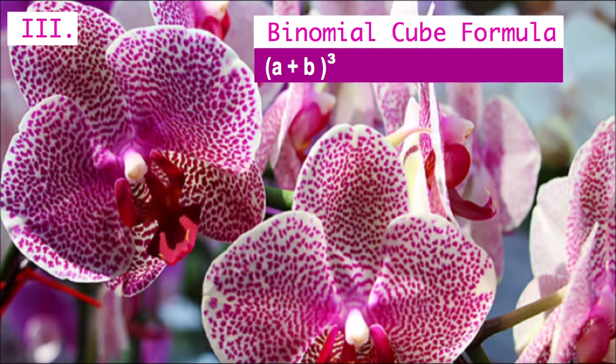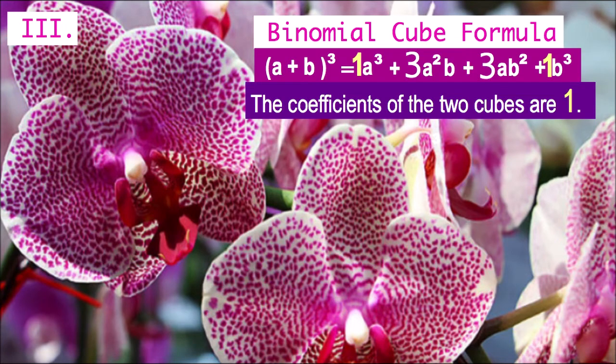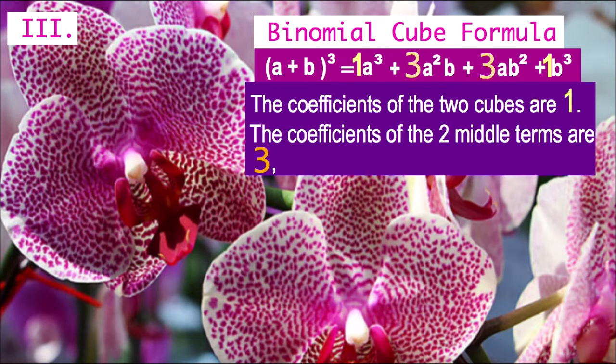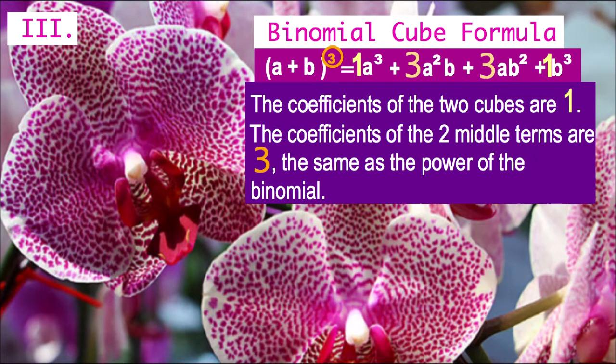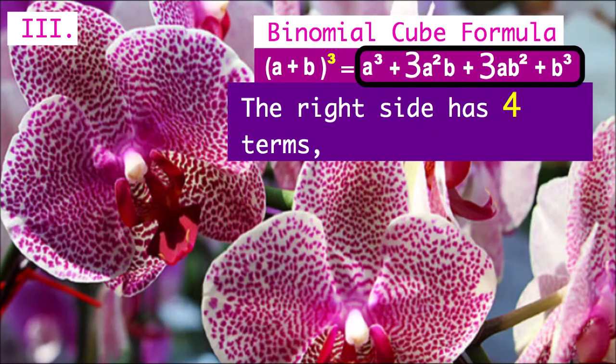3. The binomial cube formula. A plus b, everything cubed, equals a cubed plus 3a squared b plus 3ab squared plus b cubed. The coefficients of the two cubes are 1, and the coefficients of the two middle terms are 3, the same as the power of the binomial.